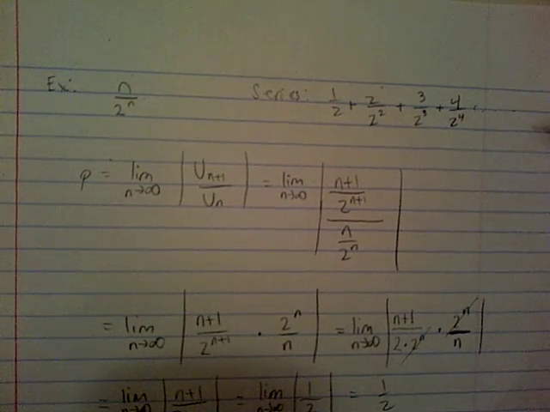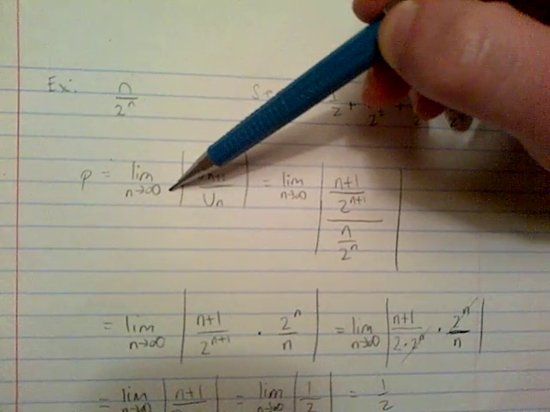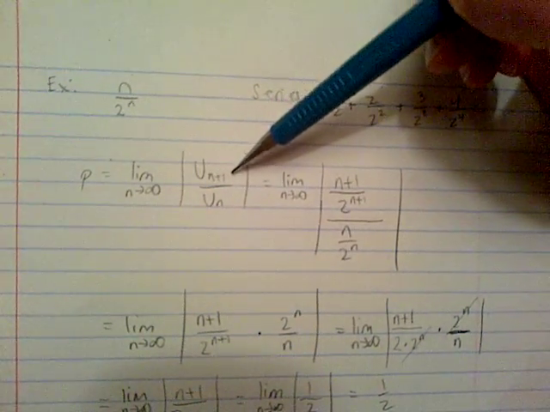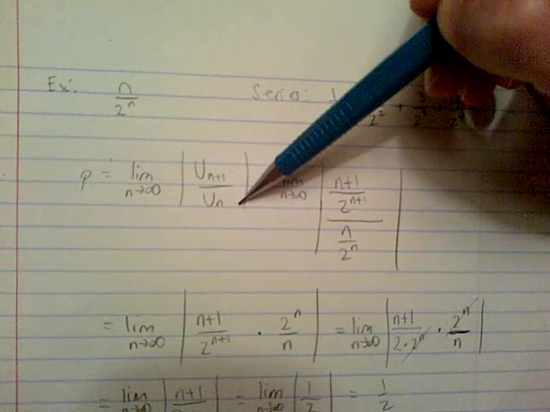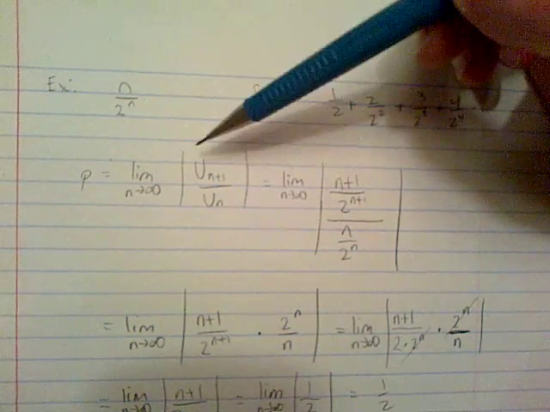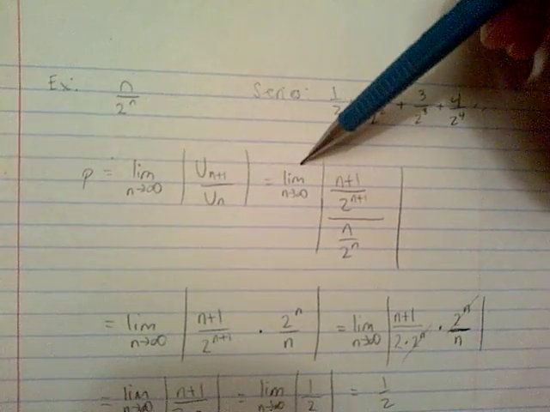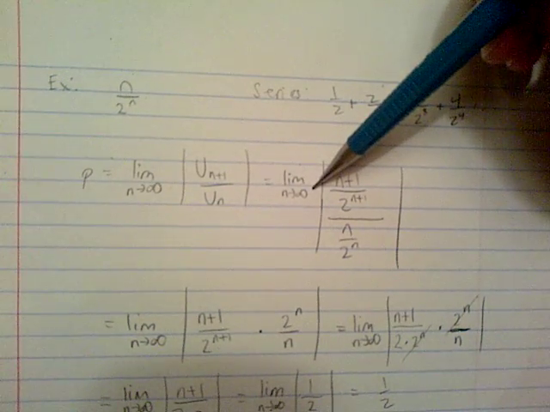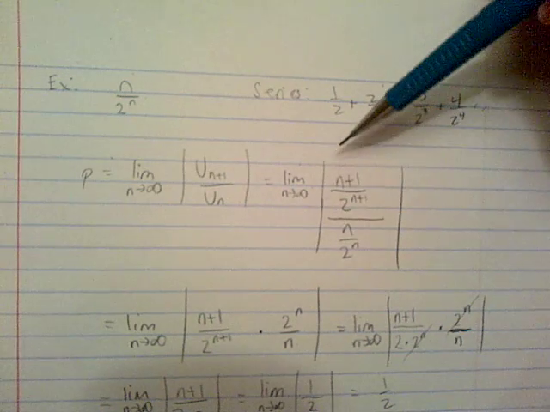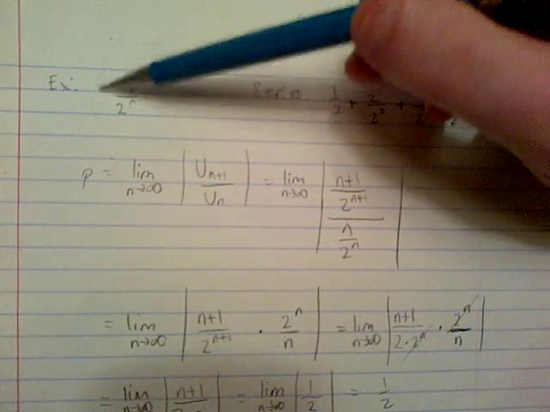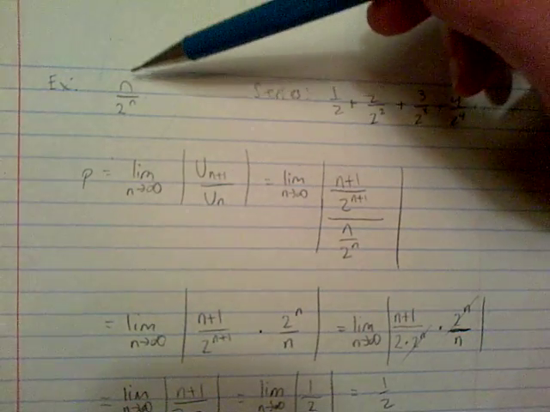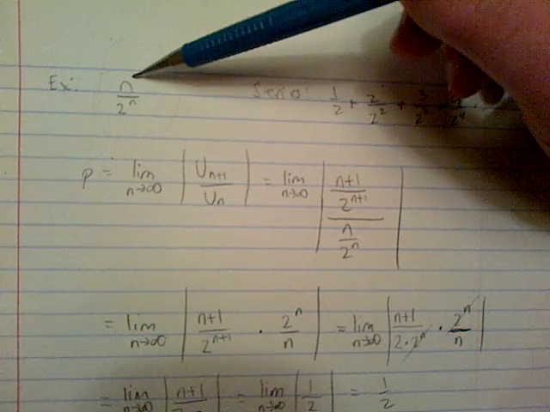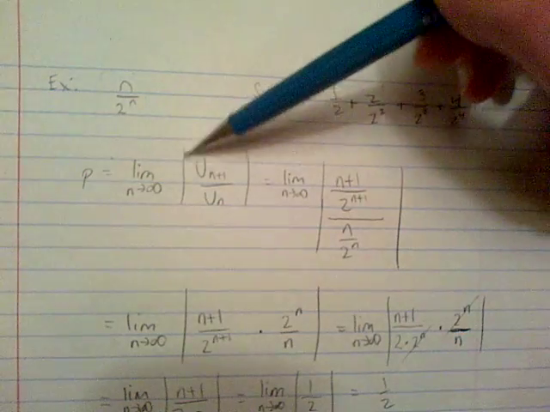So basically, if we want to use the ratio test, we have the limit as n approaches infinity of u to the n plus 1 over u to the n, all within the absolute value. So that's equal to the limit as n approaches infinity of, again, everywhere that there is an n in our general term right here, substitute in an n plus 1 for this top term.